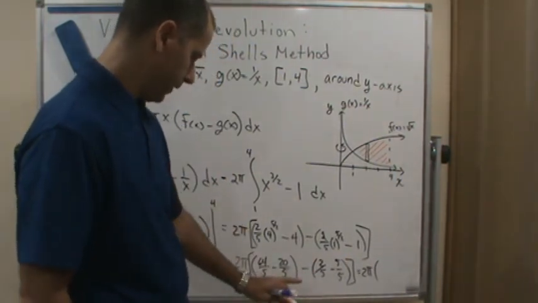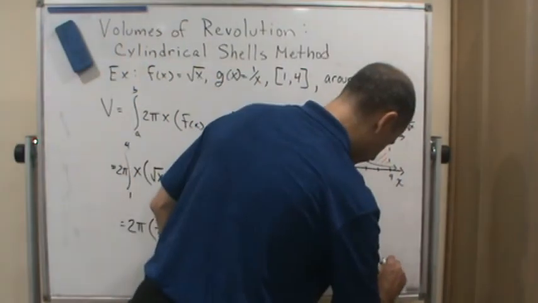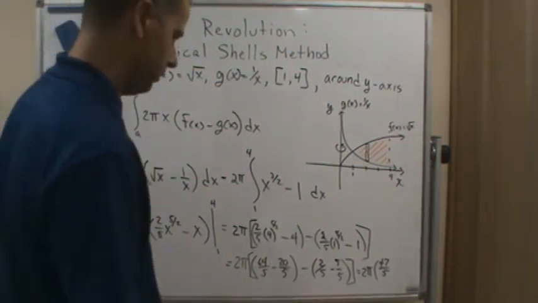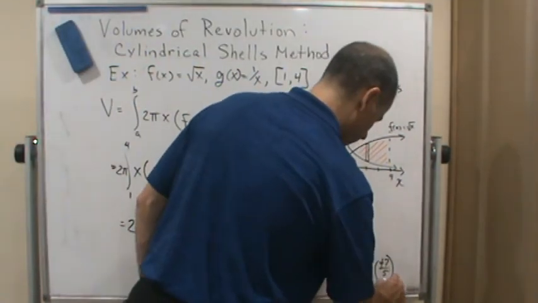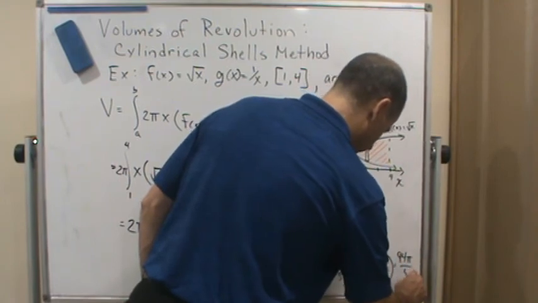So 44 fifths plus 3 fifths is 47 fifths. And so we get 94 fifths pi as our answer. So 94 pi over 5.